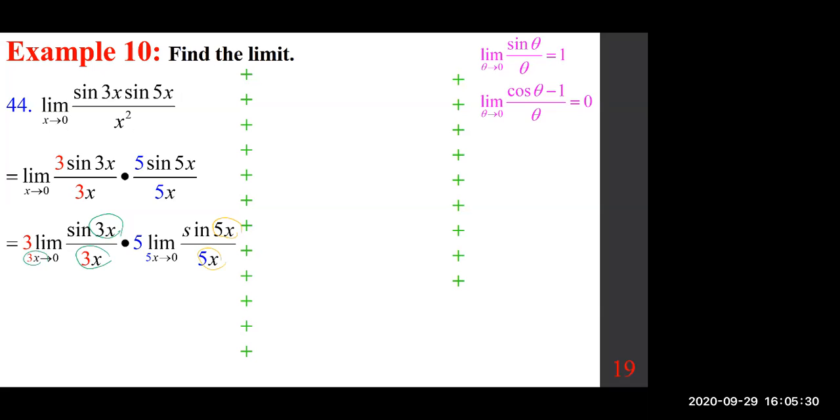That's the meaning of theta, okay? And so practically you're done. The answer is 3 times, remember, each one goes to 1, each limit. So 3 times 5 is 15.